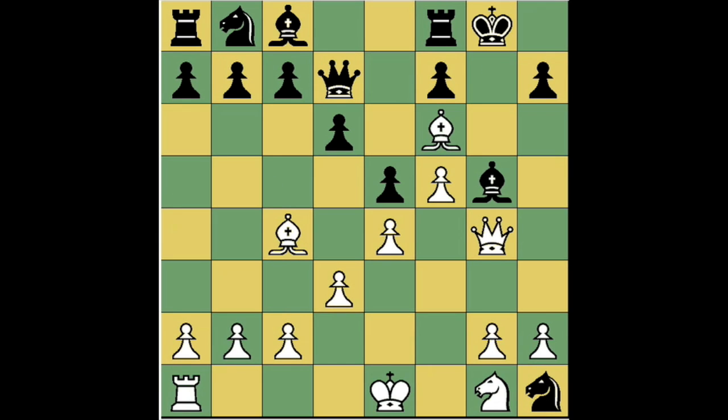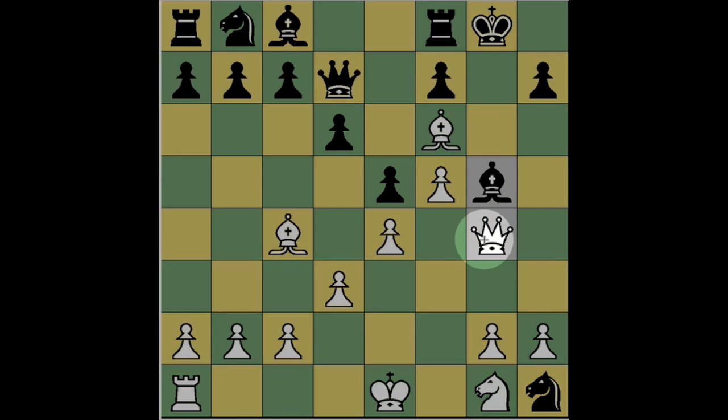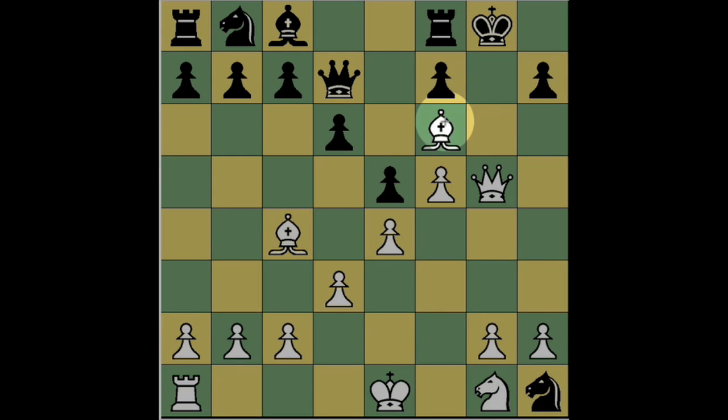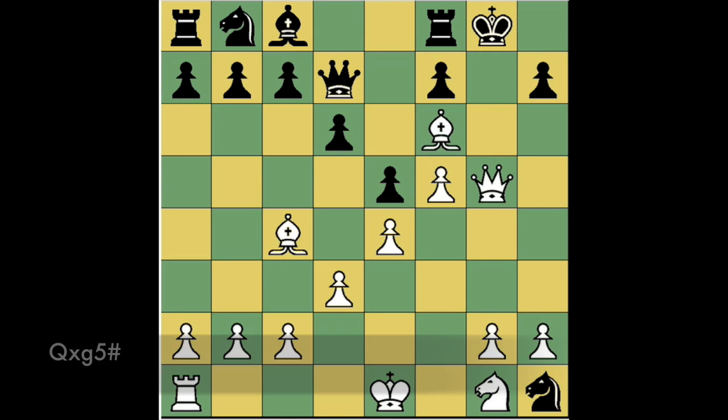And finally, that brings us to the notation for checkmate. In this position, it's white's move, and he can move queen x g5, giving check to the king, which has no way to move out of check. The square at h8 is covered by the bishop, and there's no piece that can interpose between the queen and the king, and the queen cannot be captured, so it's checkmate.